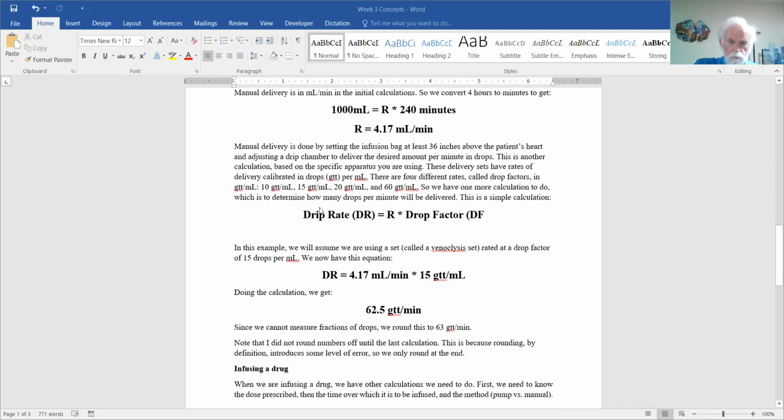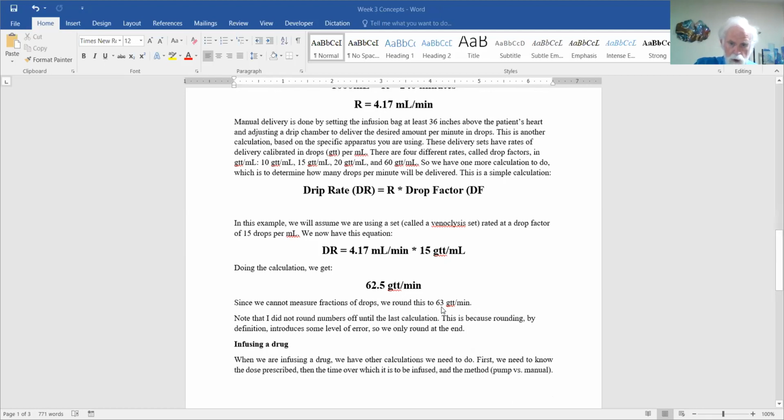So we then multiply that by the drop factor. We're assuming in this particular case that we're going to use a 15 drop venoclysis set. So we simply multiply the milliliters per minute times 15 drops per milliliter. Milliliters cancel out. We get 62.5 drops per minute.